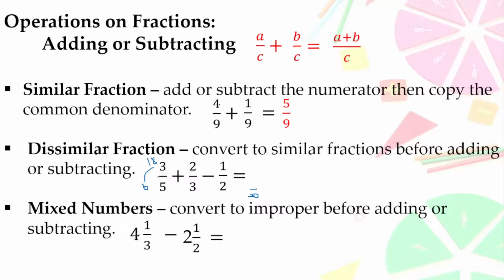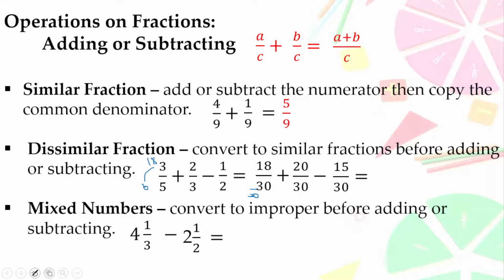So, ang magiging equivalent na 3 over 5 is 18 over 30. And then, the next one, the 2/3 naman po, 30 divided by 3, you will get 10, and then times 2, you will get 20. So, 20 over 30. And then, 30 divided by 2 is 15. Times 1, you will get 15 over 30.